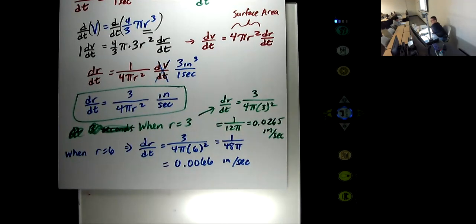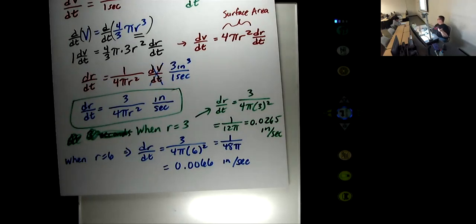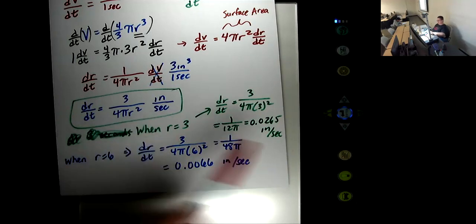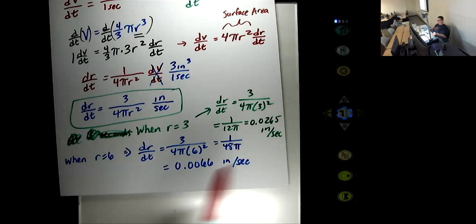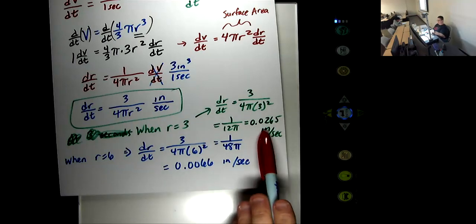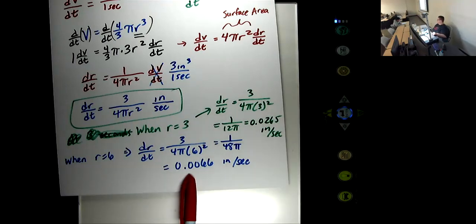So it's quite a bit faster when the radius is smaller. R equals 3 was 0.0265, only 1 zero after the decimal point, but when the radius is 6, we get 2 zeros after the decimal point. It just takes more air to blow up the balloon just a little bit.